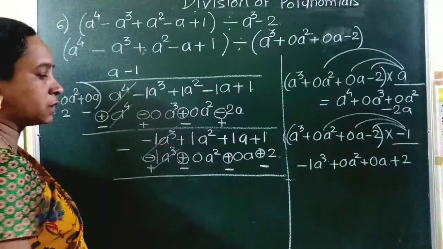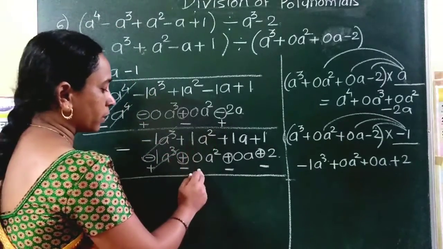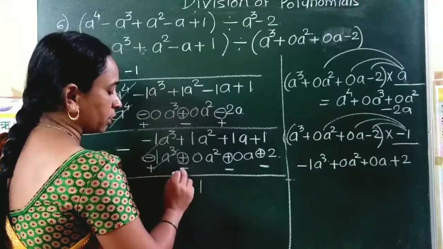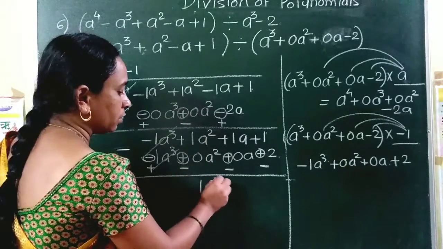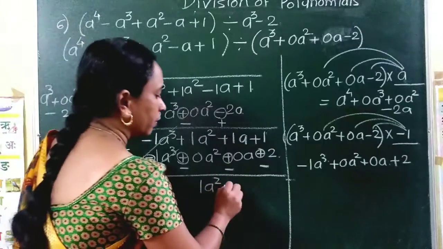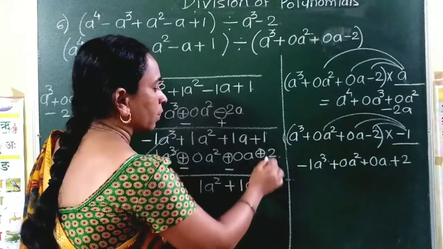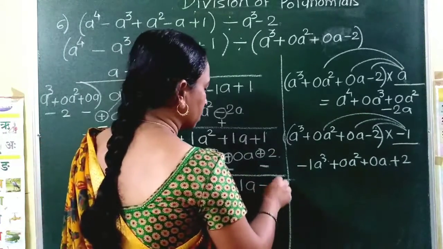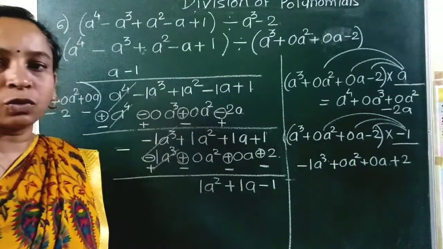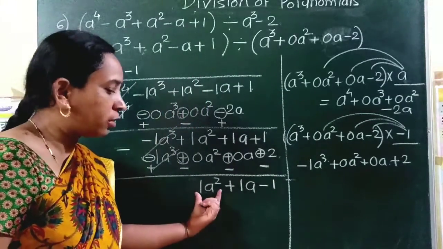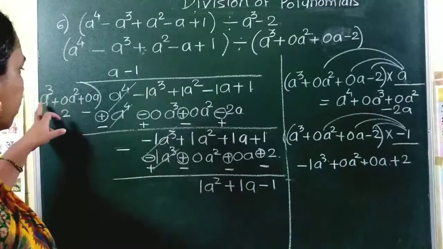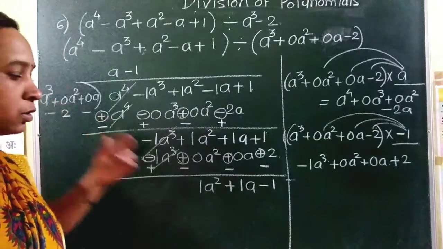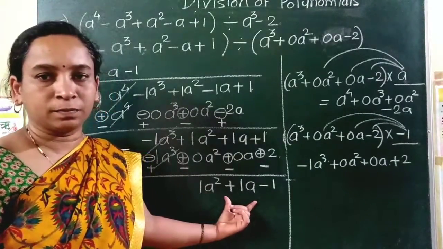First term will be cancelled. Plus 1a square, minus 0a square, that means 1a square. Here we will get plus 1a and plus minus, so minus 1. So here if you observe the degree of this remainder, it is smaller than the degree of the divisor. So this would be our remainder.